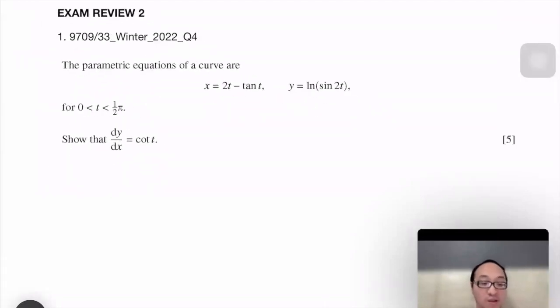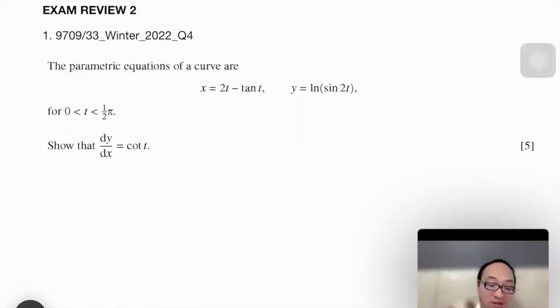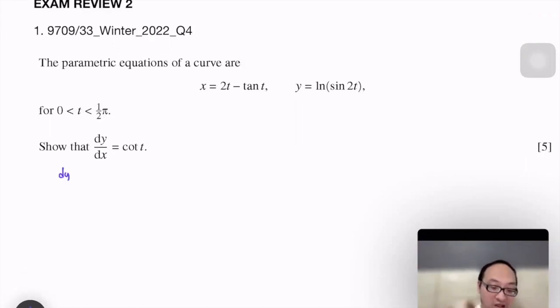The parametric equations of a curve are x equals 2t minus tangent t, y equals ln sine 2t. Show that dy/dx equals cotangent t. So if you remember, how do we find dy/dx? dy/dx is equal to dy/dt over dx/dt.